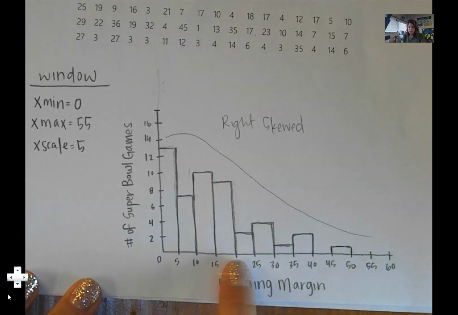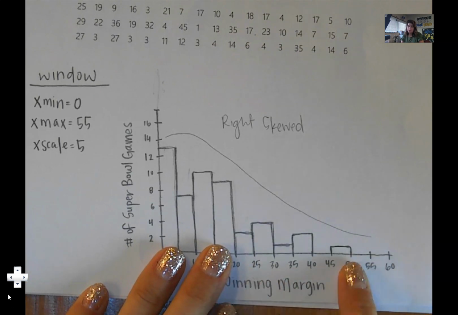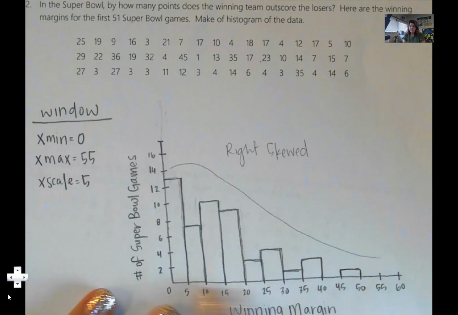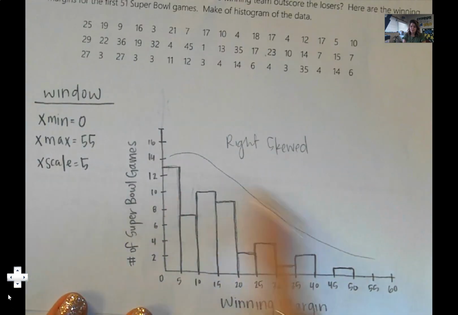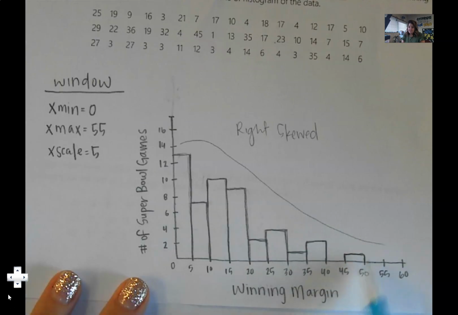Lots of the data is between 0 and 20, but then you got still data going from 20 to 49. I would say the spread on this data is pretty big. I mean, if you compare it to this guy, this spread is large, especially because it's right skewed. This guy is unusual, but I would not say he's an outlier because he's not far away from the next data point. Like, there's only one gap here.